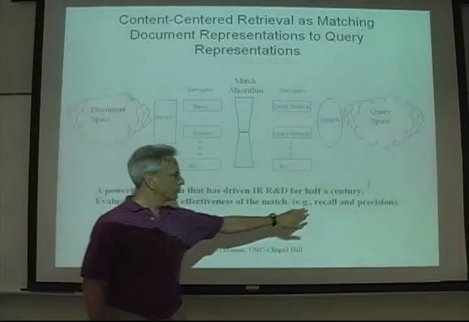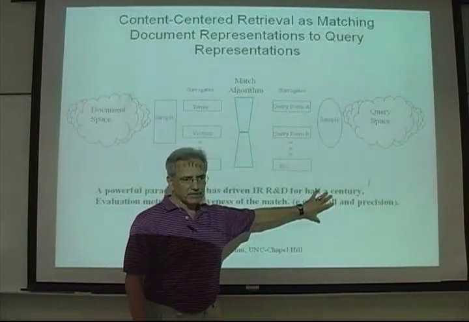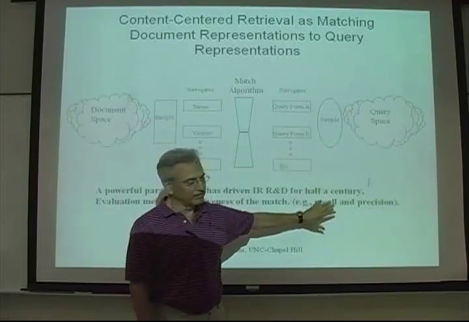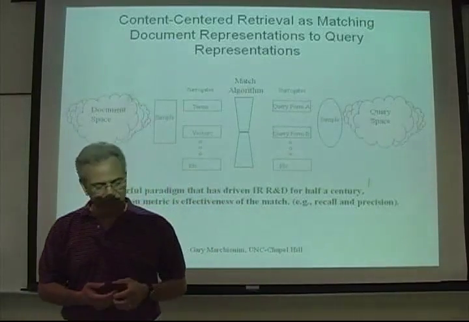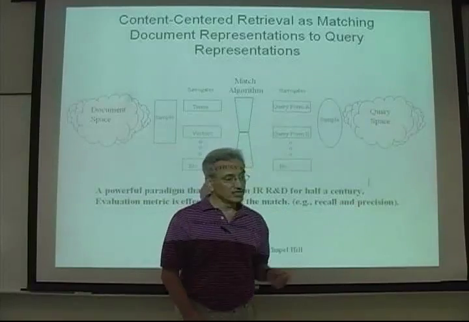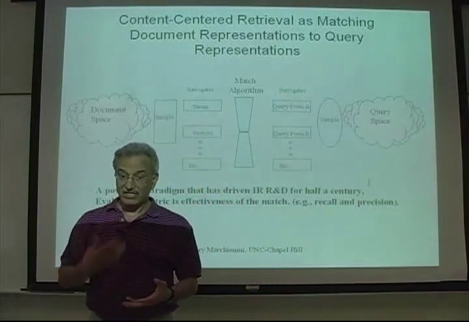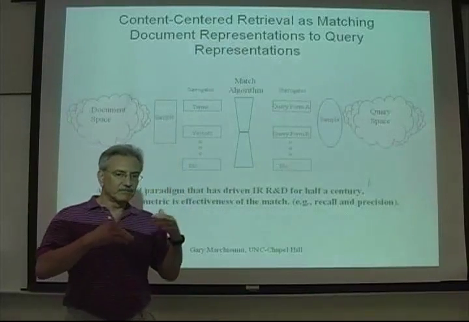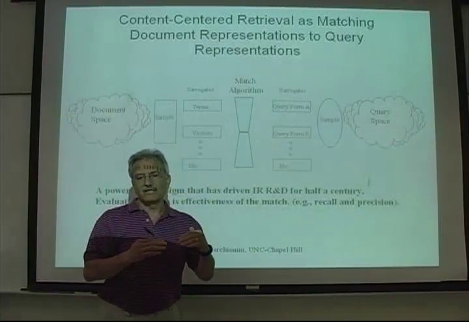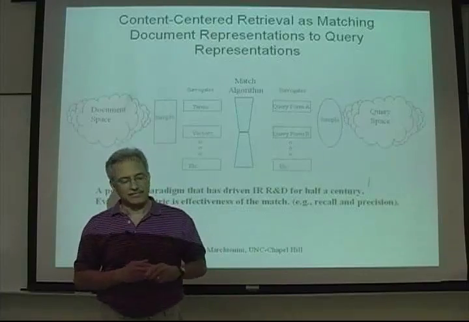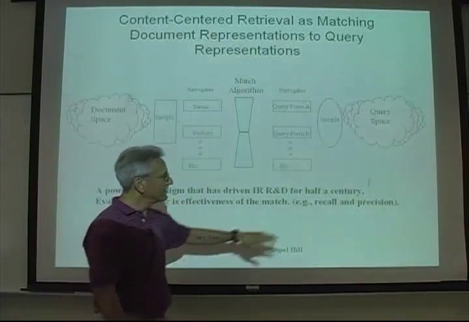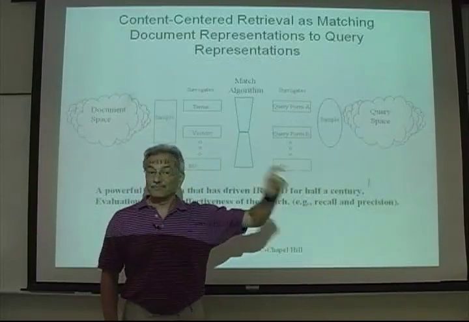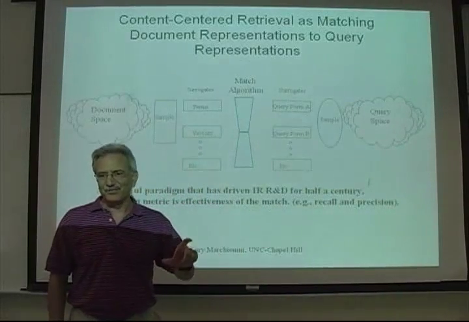Recall is the proportion of all the relevant documents that actually get retrieved as relevant. Precision is the proportion of the things that do get retrieved that actually are relevant. These tend to be inversely related, so what we're trying to do is move both of them up as far as possible.